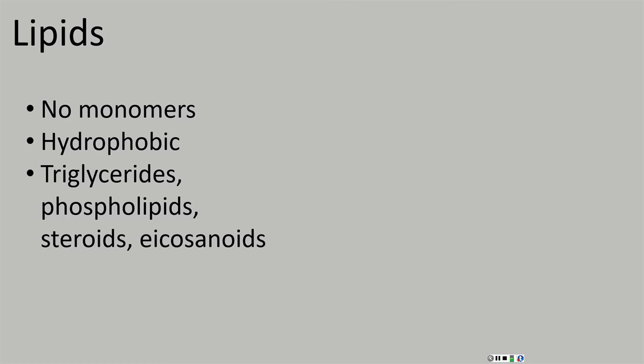When we talk about lipids, fats and oils, they do not follow that scheme. They do not have monomers. So they don't follow the polymer monomer scheme that all the others that we're going to look at today follow. Lipids are very big, and they are made of smaller pieces, but they're not repeating smaller pieces. So they do not have monomers.